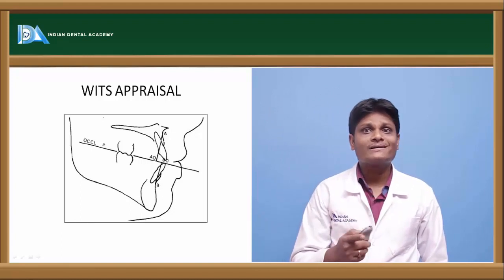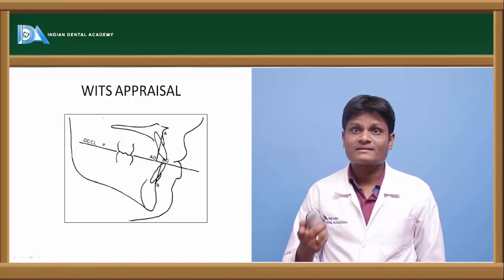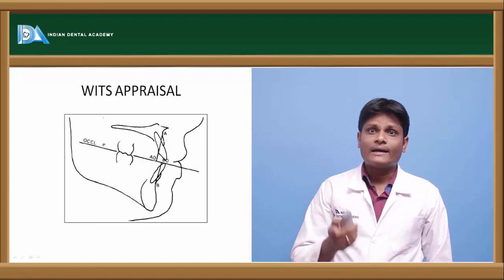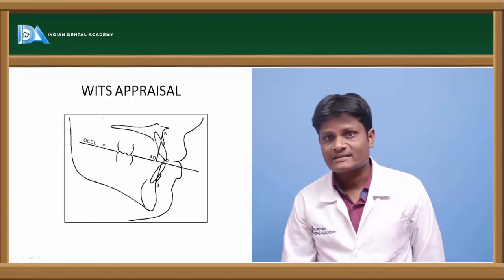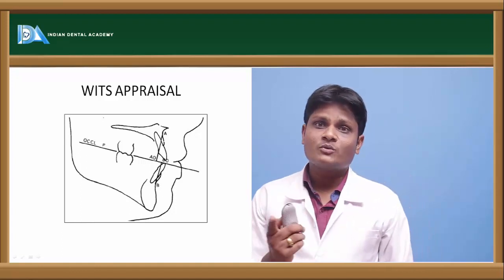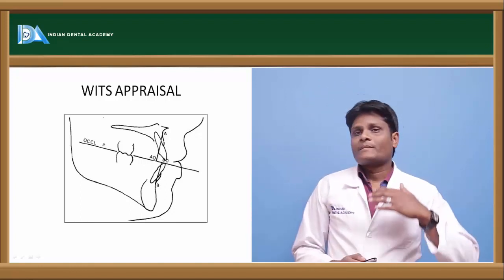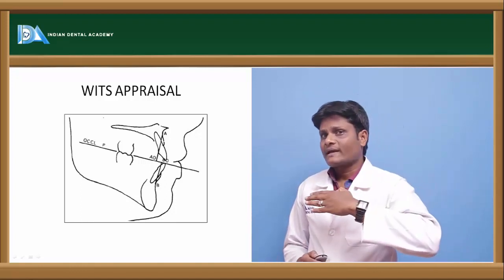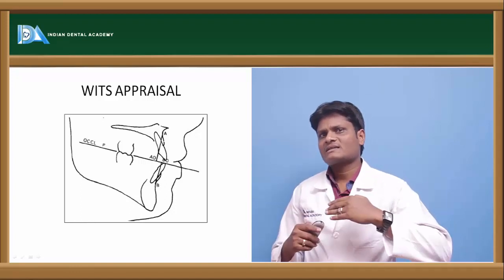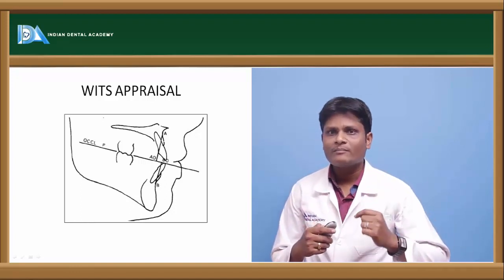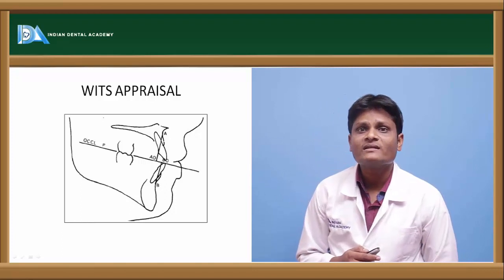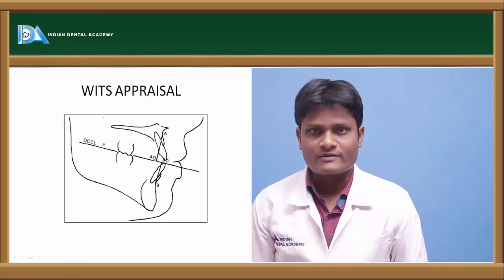As you all know, class 2 females are accepted, whereas class 2 males are not accepted, and similarly class 3 males are accepted, whereas class 3 females are not accepted. So if AO and BO coincide, or AO is slightly ahead of BO by 1 mm, then we can take the relationship as a skeletal class 1 relationship.